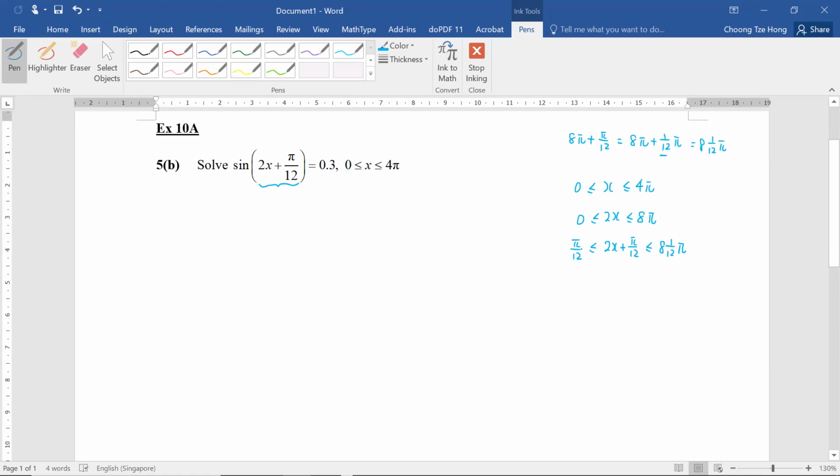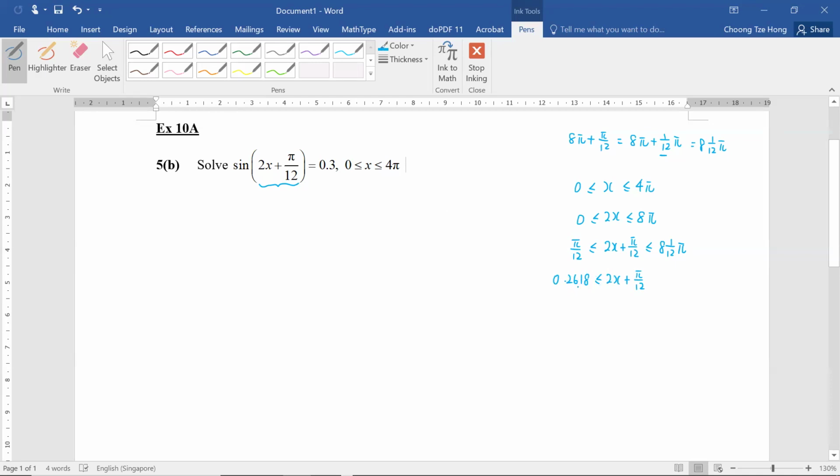Now I'm going to calculate pi over 12, because it is a value we are not familiar with. If you use your calculator to do pi divided by 12, you'll get this decimal, 0.2618. I calculate this so that later, when we find the basic angle, we can see clearly whether it is within the range or not. Is it bigger or less than 0.2618?